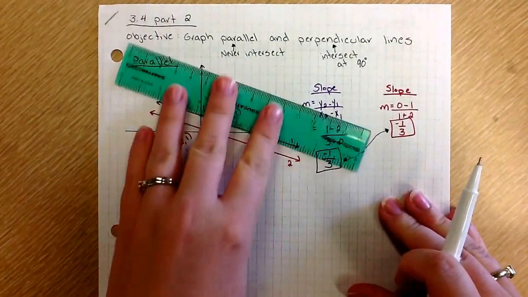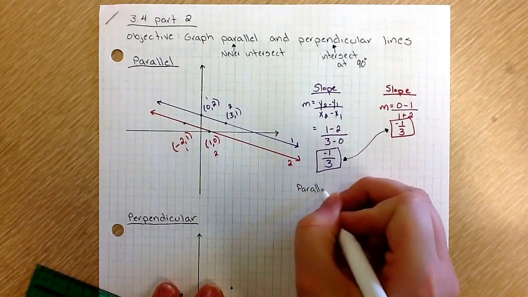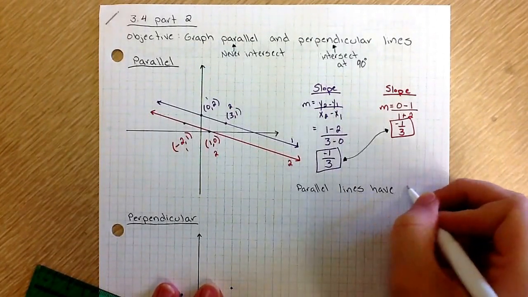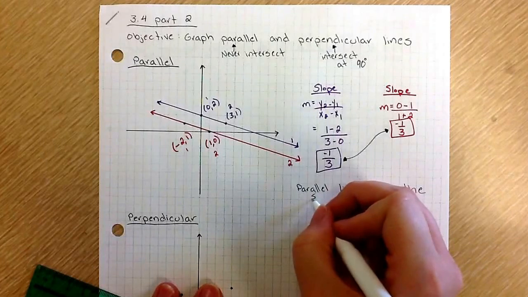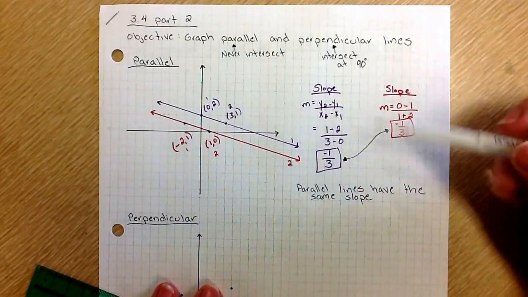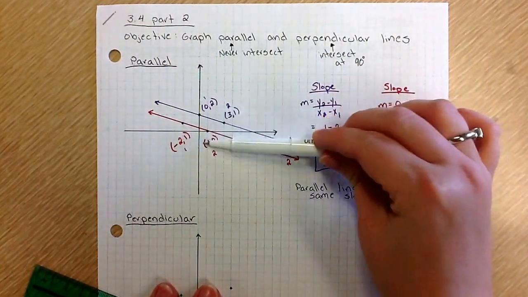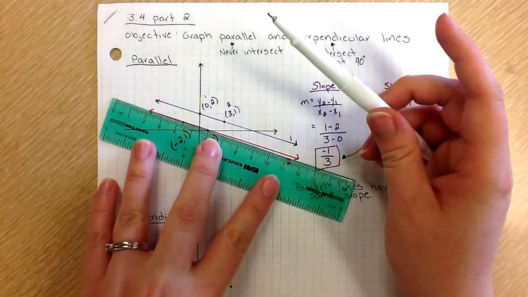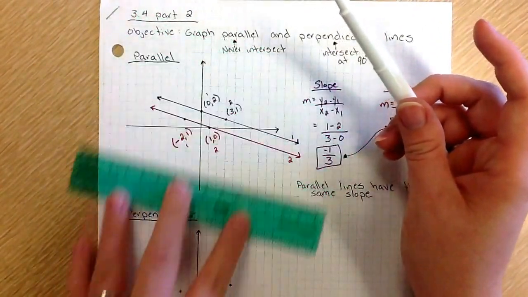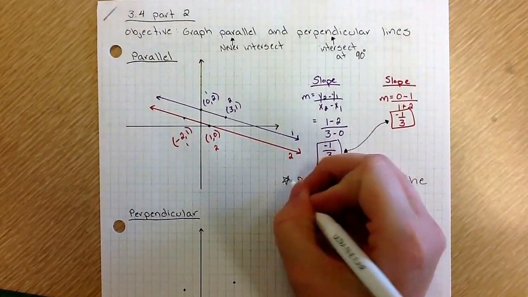And that will hold true for any parallel lines. So parallel lines have the same slope. Any line that has a slope of -1/3 will be parallel to the purple line and the red line. So parallel lines have the same slope. Useful information there.